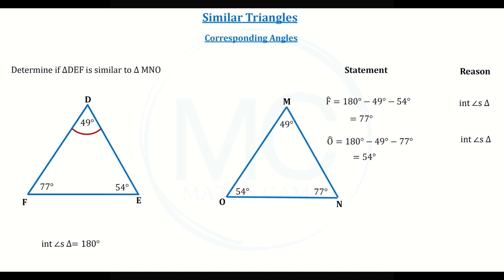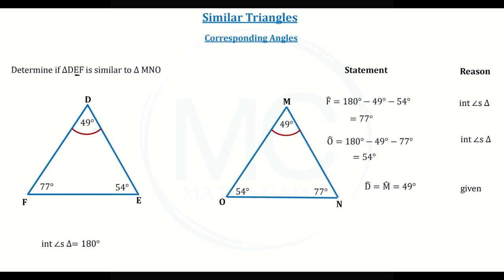M is the first letter in MNO. So M is the corresponding angle. Let's mark it in red as well. Angle D and angle M are both 49 degrees. So we can write down our statement over here. This information has been given to us in the diagram. So we write given as our reason.